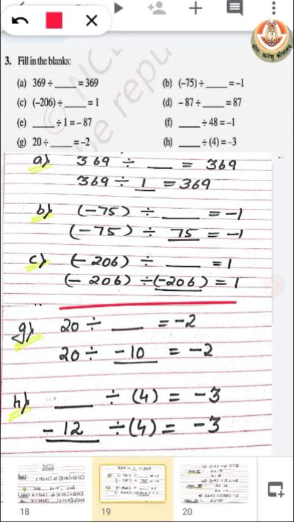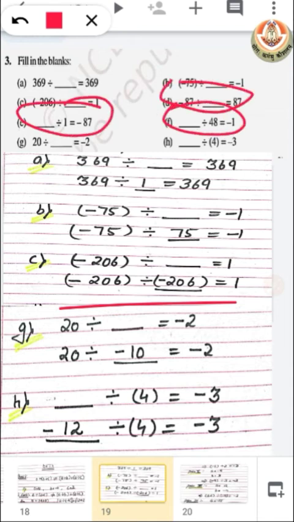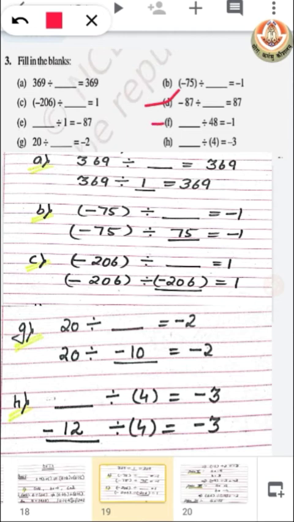Now class, D, E and F parts are very much similar to these parts. So these are your practice questions for today, D, E and F. Let's check for G and H. In G part, we have to divide 20 by such a number that we get -2 as a result.